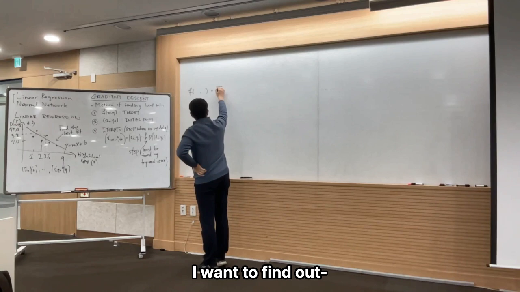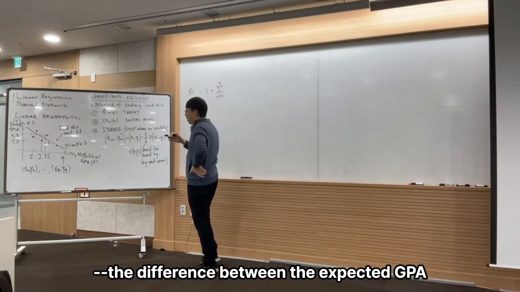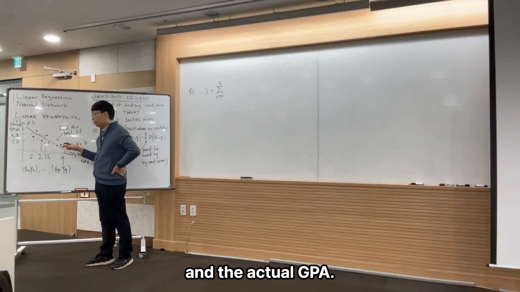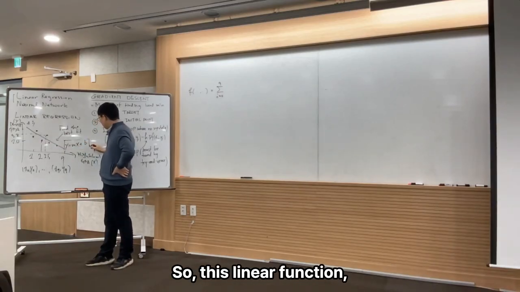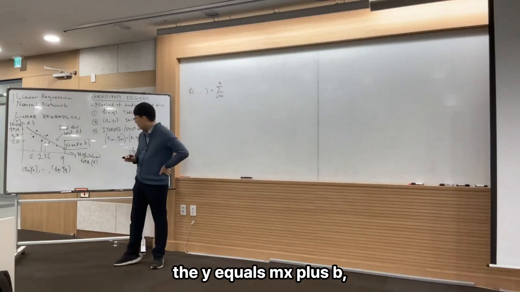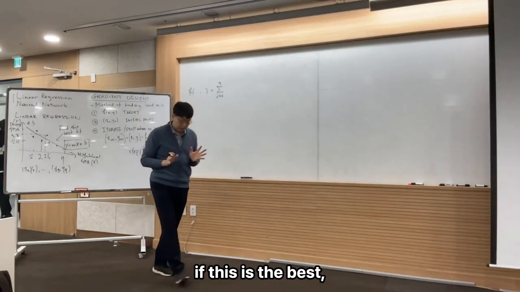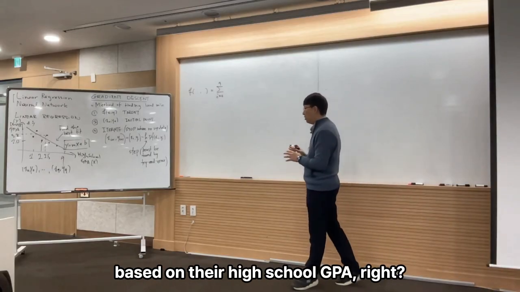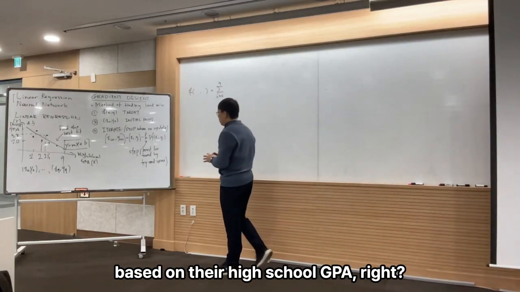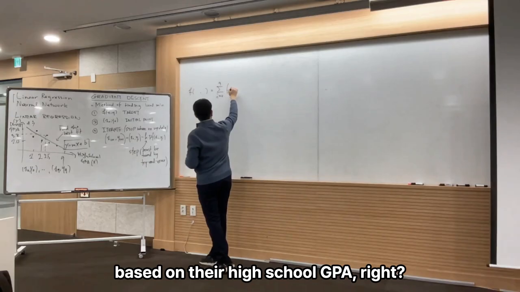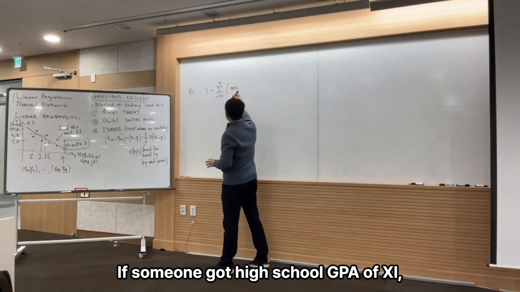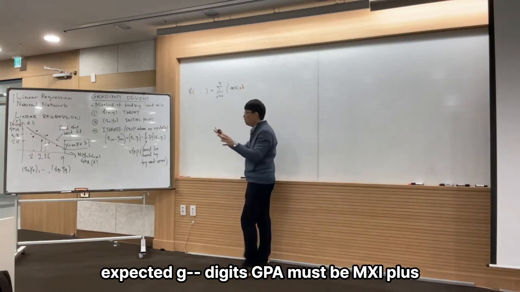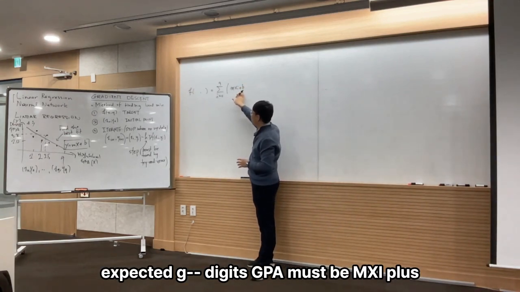I want to find out the difference between the expected GPA and the actual GPA. So with this linear function, y equals mx plus b, if this is the best, then this must best predict the DGIST GPA based on their high school GPA, right? If someone got a high school GPA of xi, then their expected DGIST GPA must be m xi plus b.